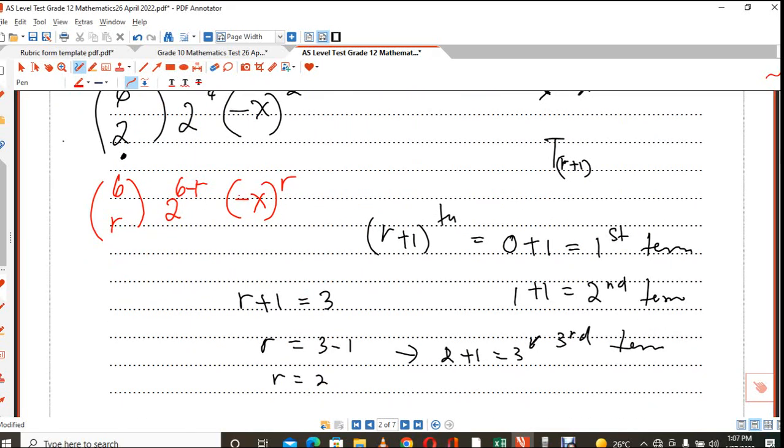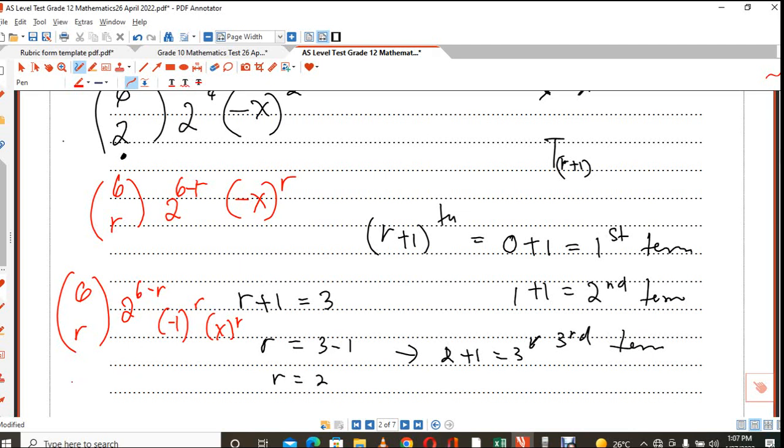So when you are now only dealing with x, we are going to ignore the constants, because that is not what we are looking for. So effectively it's x raised to the power r. The constant is negative 1 then. So let me just rewrite it. So this becomes 6 choose r, then 2 to the 6 minus r, then negative 1 to the r, then x to the r. Are we together?